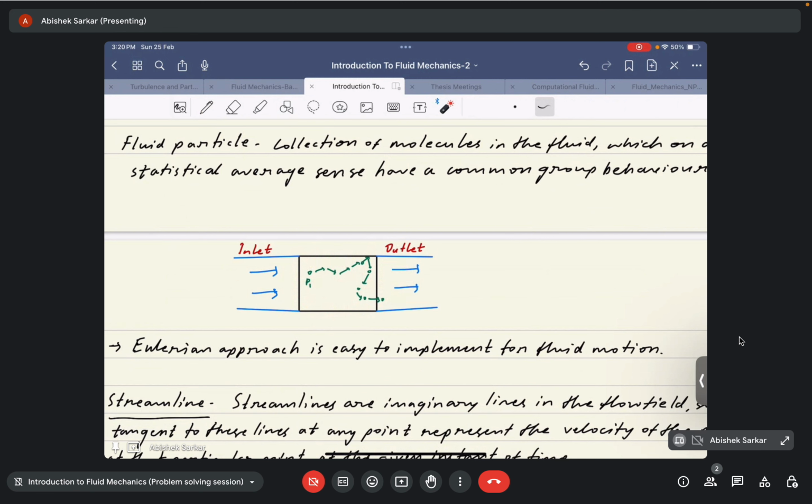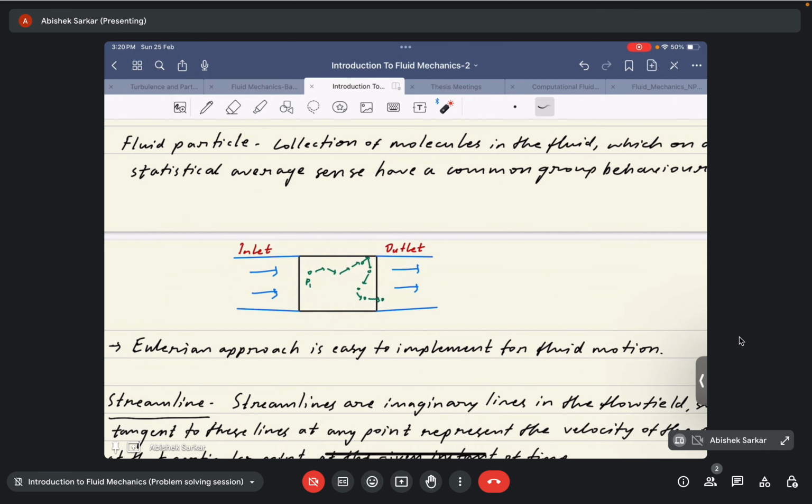Then again, we need to model these interactions with the walls as well, right? The collision with the wall and the resulting deflection in the trajectory of the particle. All these things have to be modeled.